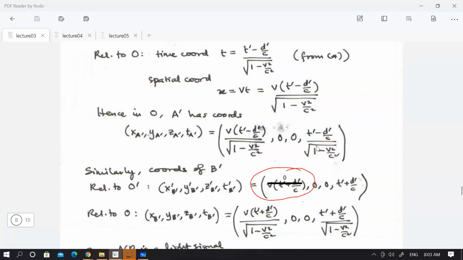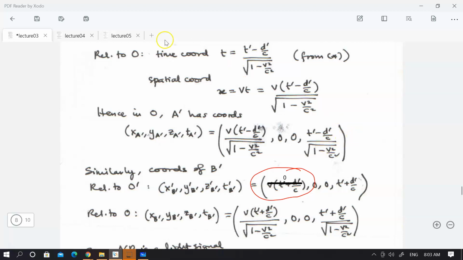Okay, so please make that correction. I will try to update this on the notes in this form. I've edited the PDF, so I just cross out this term here and replace this by 0. Okay, so that's the first thing that I wanted to say.